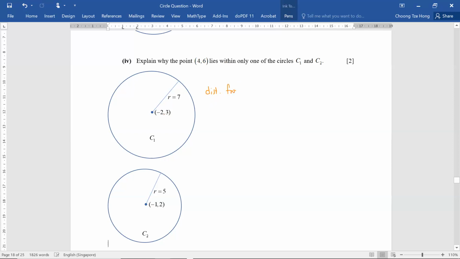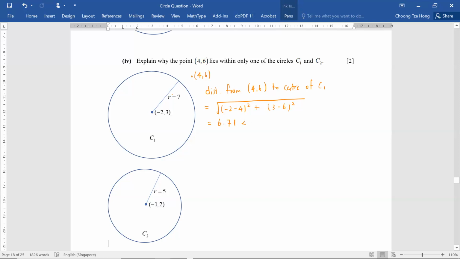So the distance from (4, 6) to the center of C1: we use the same formula, minus 2 minus 4 squared plus 3 minus 6 squared. If you work it out with your calculator, you get 6.71.